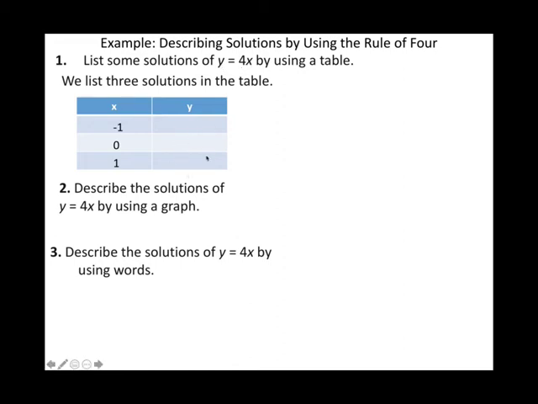Tell me what did you guys get for your y. So plug into this equation. When x equal to -1, you're gonna get -4. When x equal to 0, y equal to 0. When x equal to 1, y equal to 4.